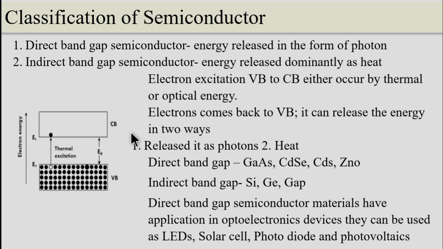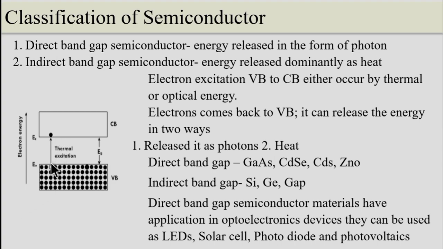So this is the band structure. We know that the valence band is completely filled by electrons and the conduction band is completely empty. When a certain amount of energy, whether light energy or thermal energy, is incident on the semiconductor material, the electrons after absorbing that energy are excited from the valence band to the conduction band.